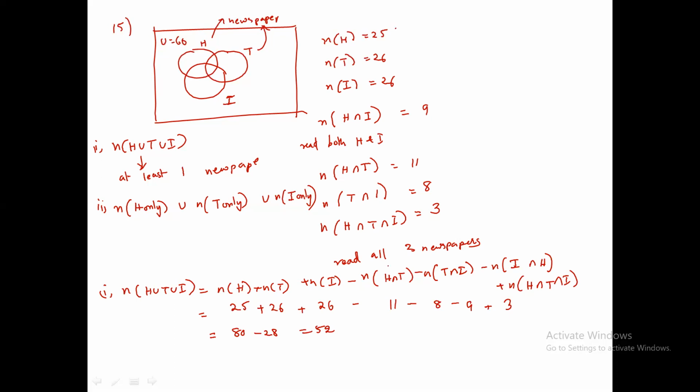Coming to the second one. Suppose this is A, this side is B, C, and D. Here E, F, G. So if I want the second one, I have to find H only plus T only plus I only.